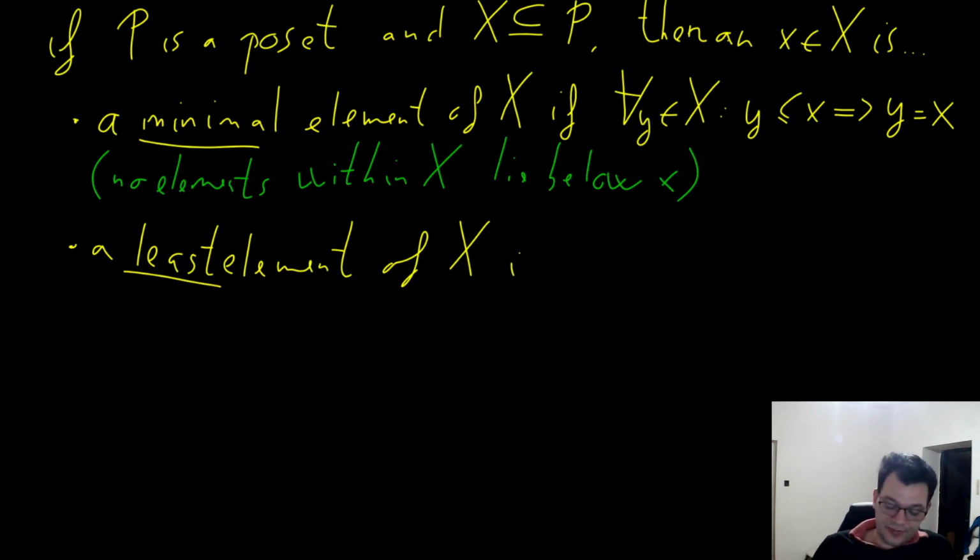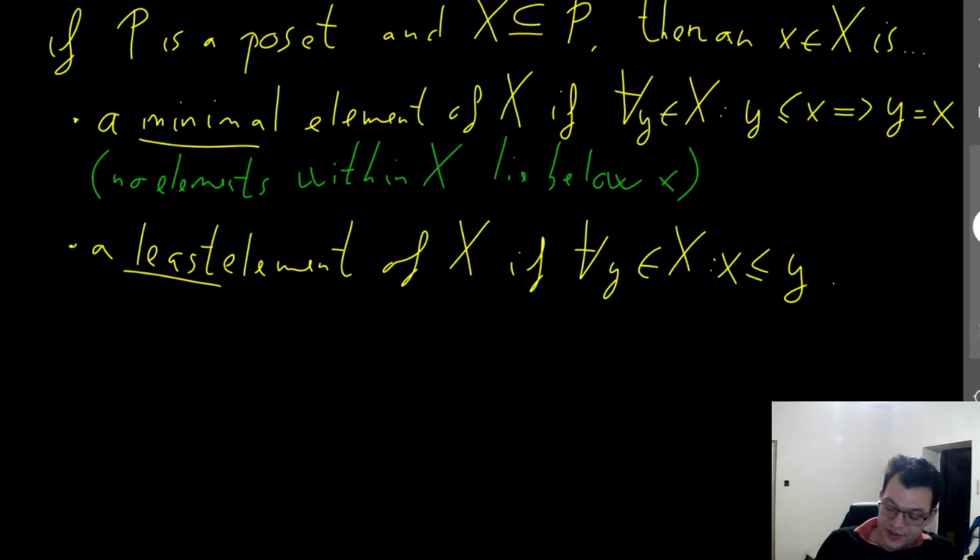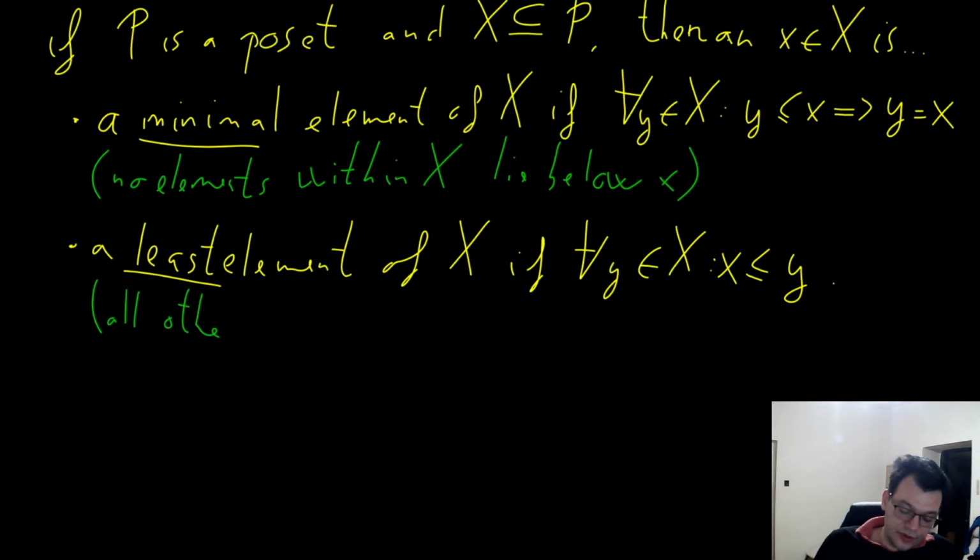So if for each element y of X we have that x is smaller than or equal to y, basically this means that all other elements of X are larger.